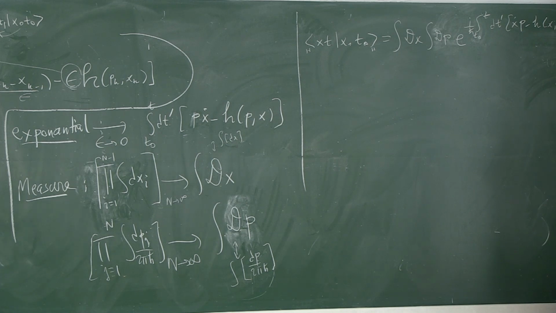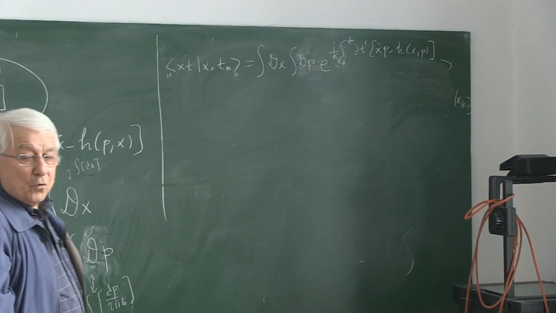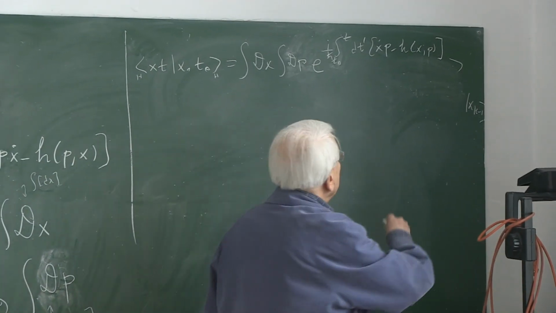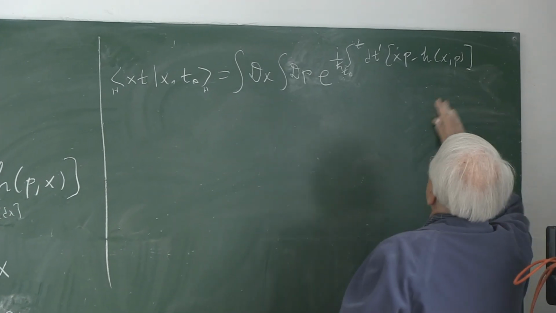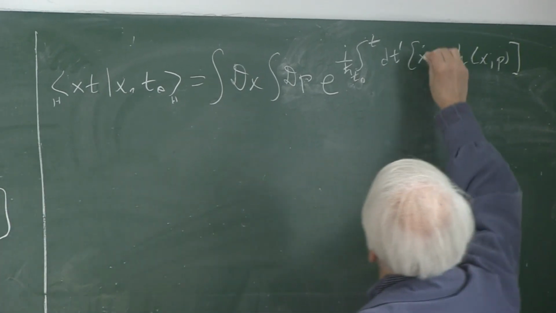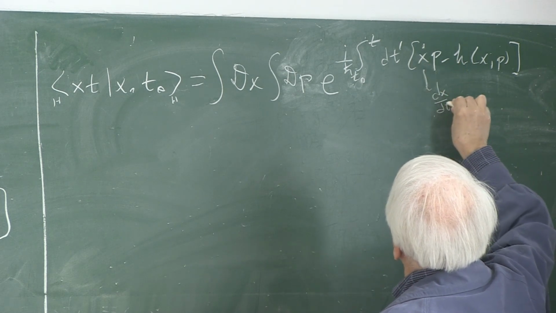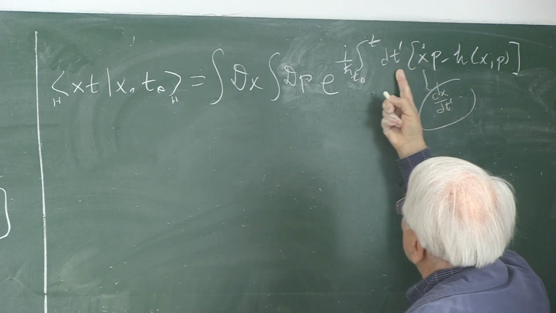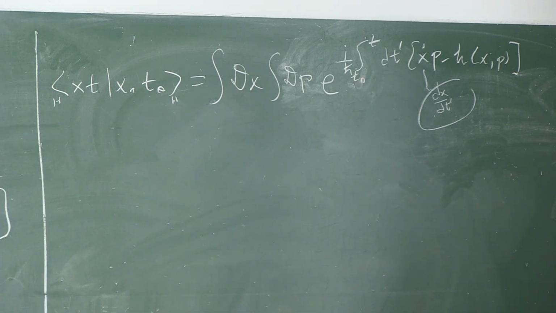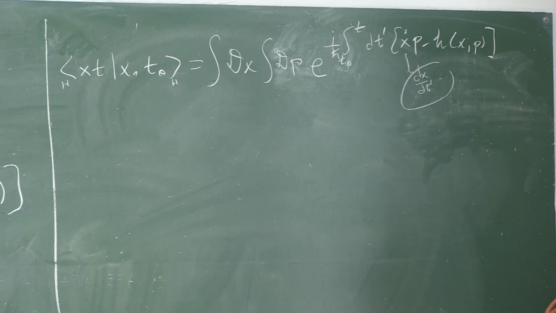But of course, the simplicity of the notation shouldn't mislead you. It is horrendous. There's so much behind each notation. So x dot means then dx/dt prime, because it is the generic time integral variable I am using, and I am integrating it from t_0 to t. That's it.